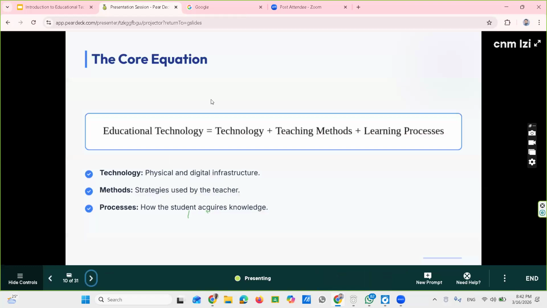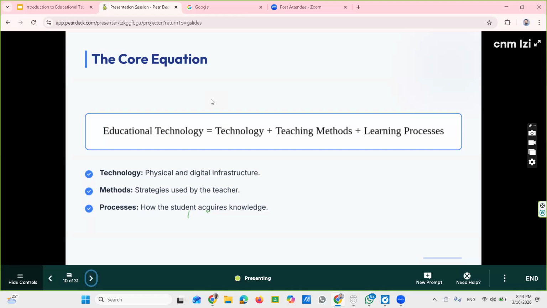Right here, the equation. That's the equation for educational technology. Still, we are trying to understand what educational technology is throughout the content today. Another way of identifying educational technology is as an equation: technology plus teaching methods plus learning process.